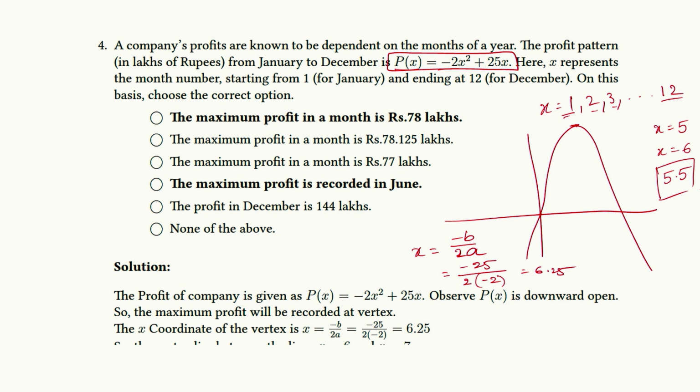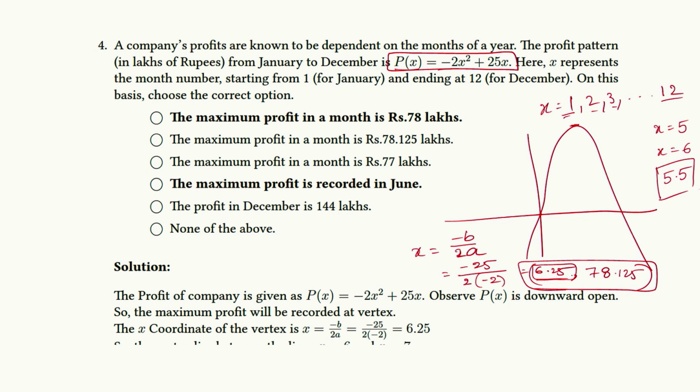That means the vertex will be at 6.25 comma, if you substitute x is equal to 6.25, we get 78.125. So the vertex will be this, but there is no month which is 6.25.